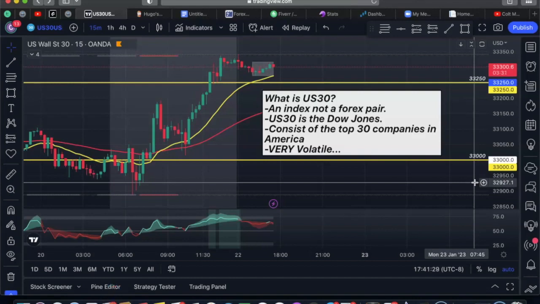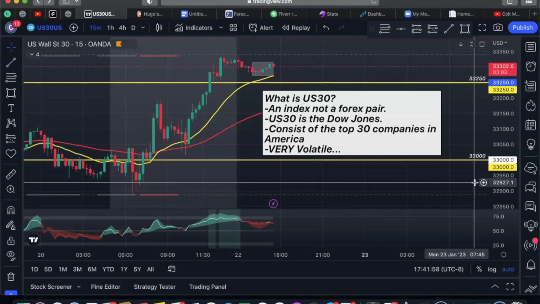So you guys need to understand that US30 is actually the Dow Jones, and the Dow Jones is an index. The reason it says US30 is because it consists of the top 30 companies in America. So companies like Tesla, Visa, Caterpillar, United Health Group are going to be constituents in the Dow Jones. And this is very important for you guys to understand.